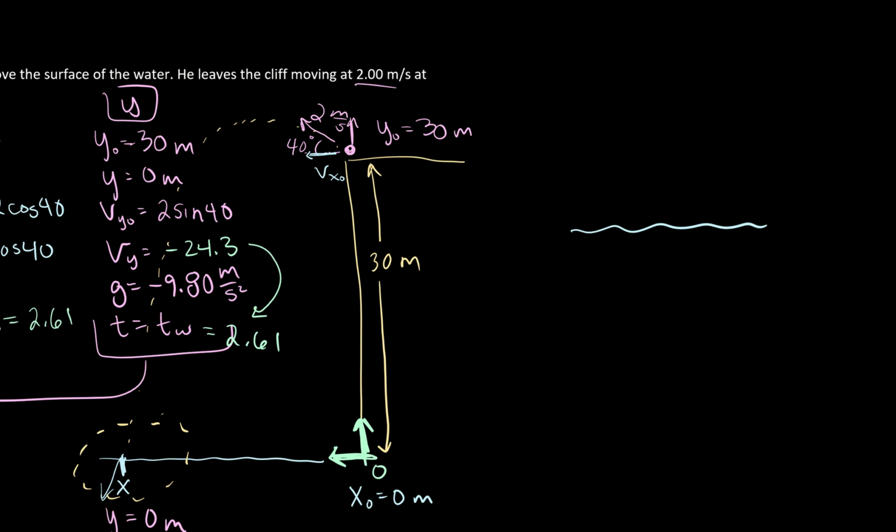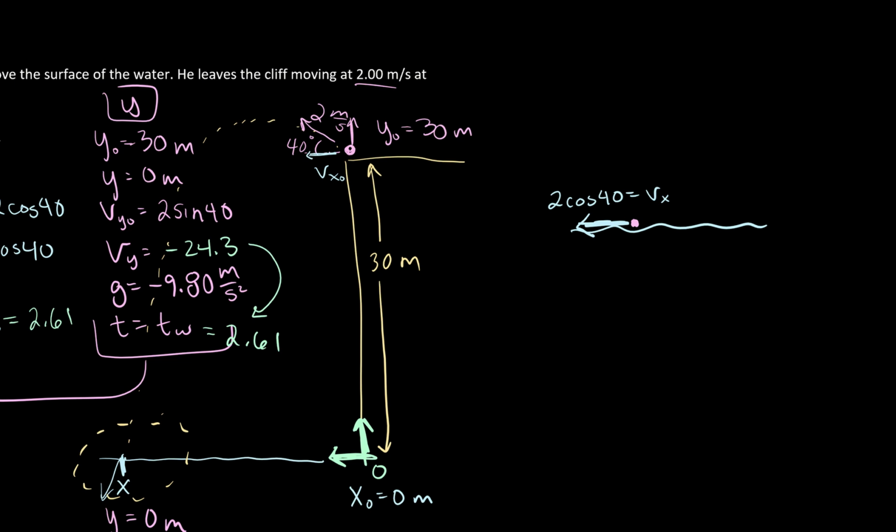We're going to look at just that split second before he hits. So right here. We know that his x velocity is still that initial velocity that he began with, which is 2 times the cosine of 40, the velocity when he hits the water, or just the split second before he hits the water.